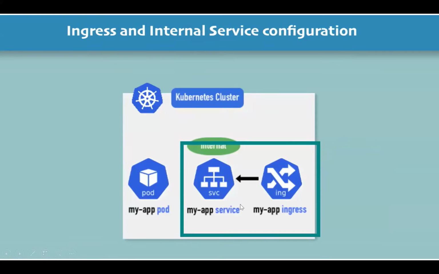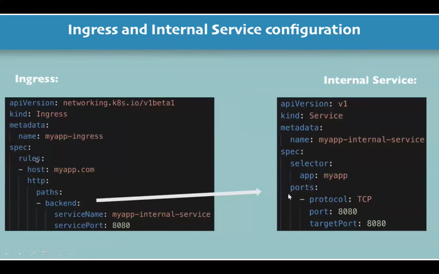So we looked into the ingress, which is getting connected with the service. But to get this ingress done, you require some services that I'll discuss in a couple of seconds. I have this internal service, I have this ingress. How is ingress getting connected with this internal service? Through this backend, where we mention the service name and the service port.